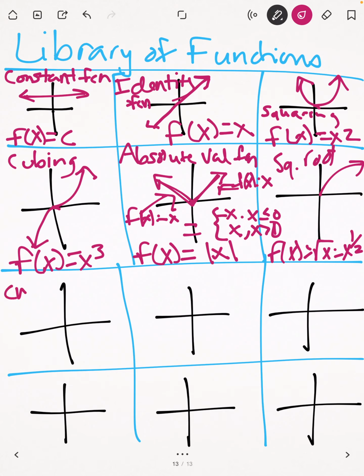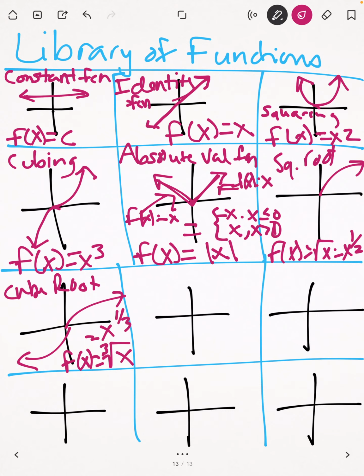We also then have our cube root, which we talked about once already today. And that was f of x equals cube root of x, or equivalently, x to the 1/3.